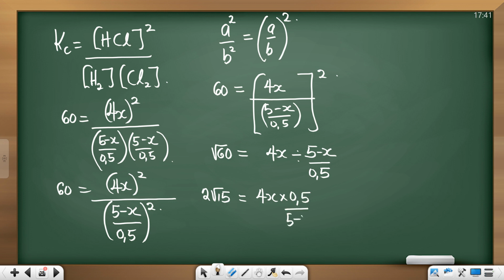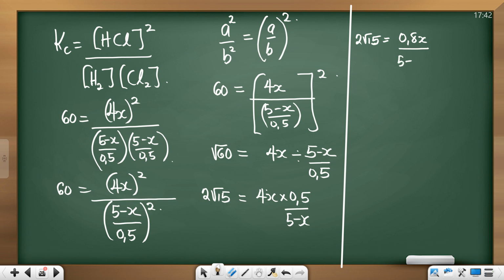I'm sure you know this maths, right? Now we can simplify. Look, chemistry is done. This examiner is just testing maths now. 2 root 15. 4 times 0,5 would be 0,8X over 5 minus X.